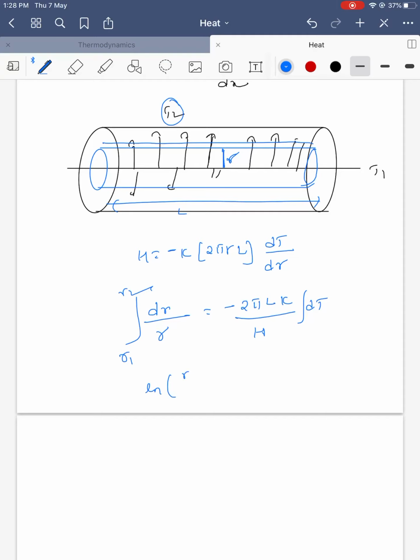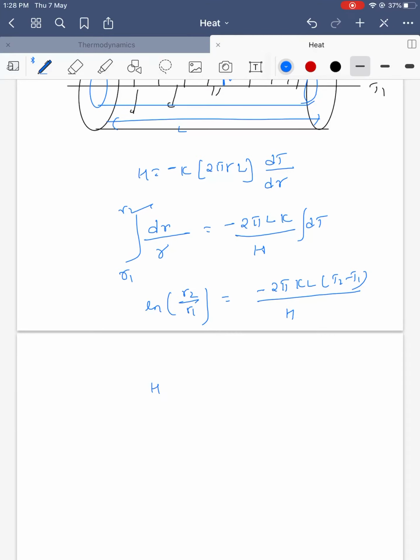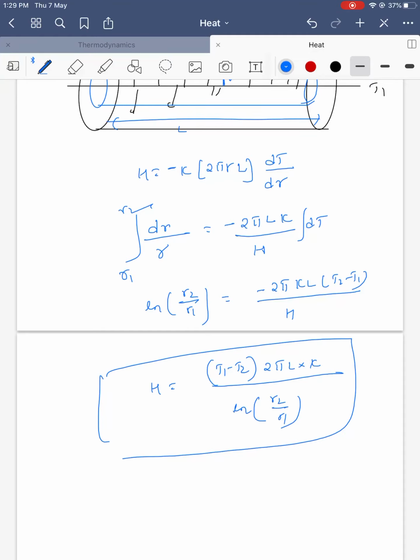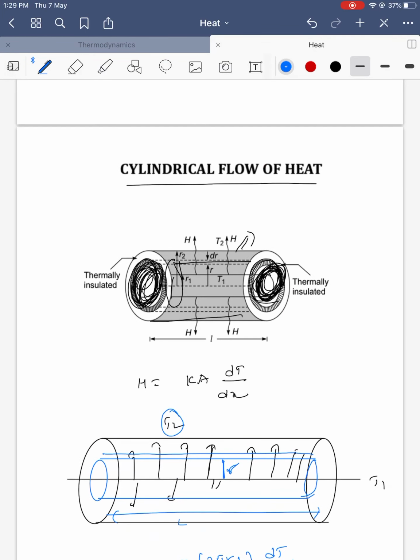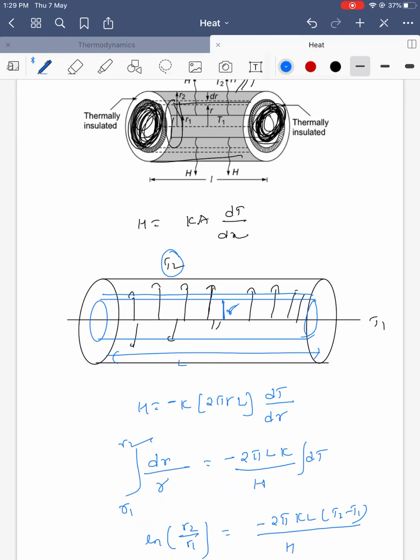So ln R2 by R1 is equal to minus 2 pi K L into (T2 minus T1) by H. H will be equal to (T1 minus T2) 2 pi L into K by ln(R2 by R1). This is the value of heat transfer which is flowing out cylindrically, like all over the cylindrical surface, it's going out. Thank you.